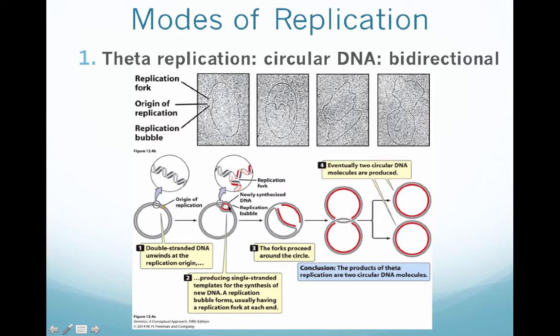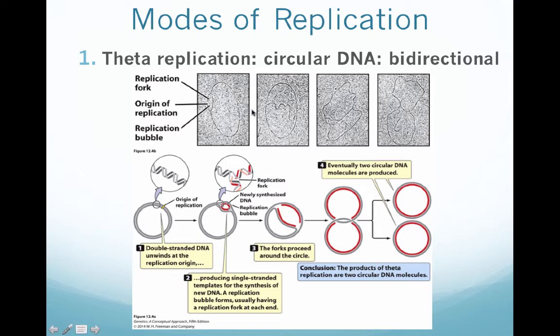So the newly synthesized DNA is shown in red here, and the template or the original strand is shown in gray. And so what forms right here after we start building that new DNA strand is actually a replication bubble. That bubble is going to form and is going to have a replication fork at each end.